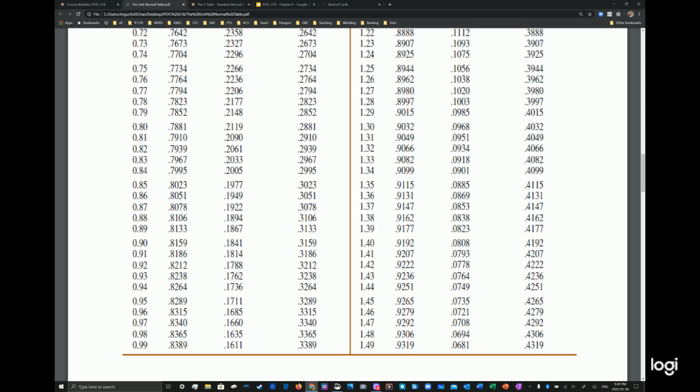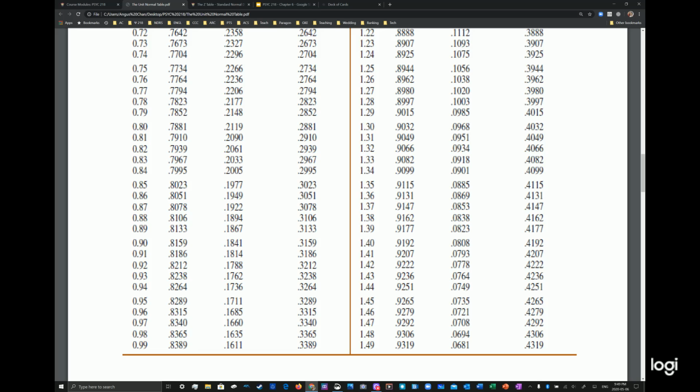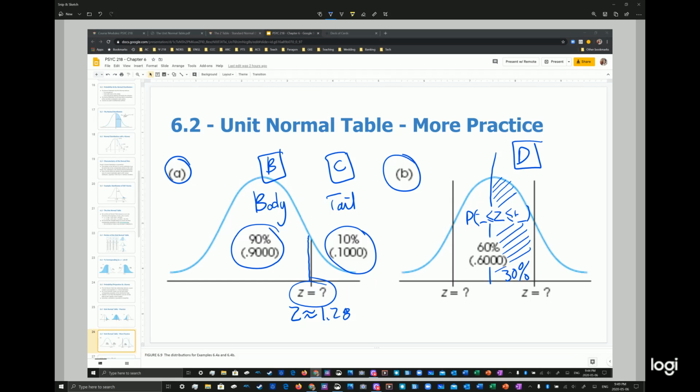And notice it is slightly smaller than 0.3. So the Z value then is approximately positive 0.84 and negative 0.84. And here then, notice these are Z scores now, not proportions.